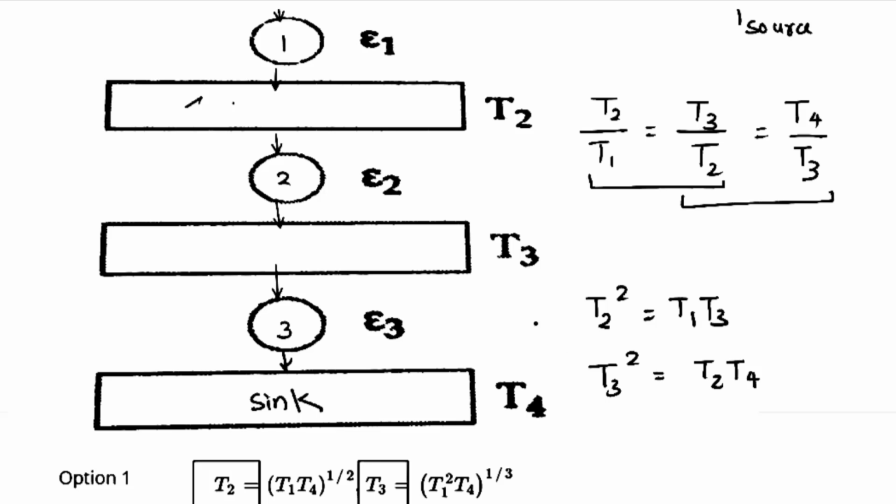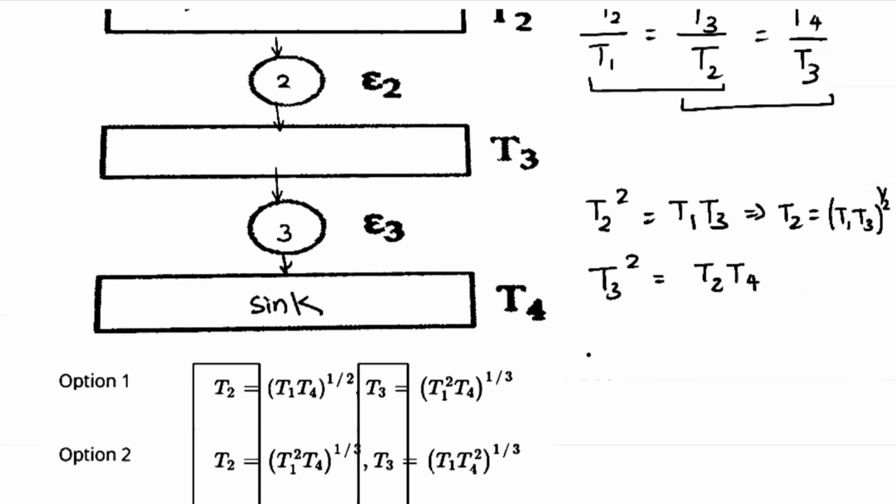So if you put the value of T2 from this expression, you can see that T2 is equal to (T1 T3) to the power half. So you can just put the value here.